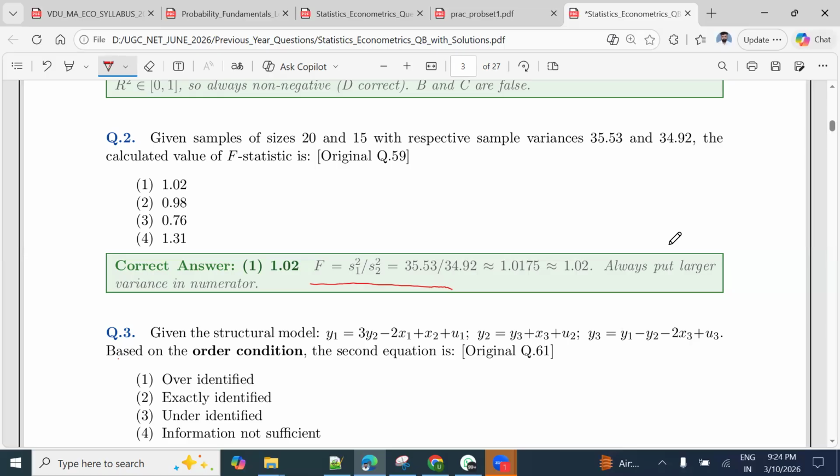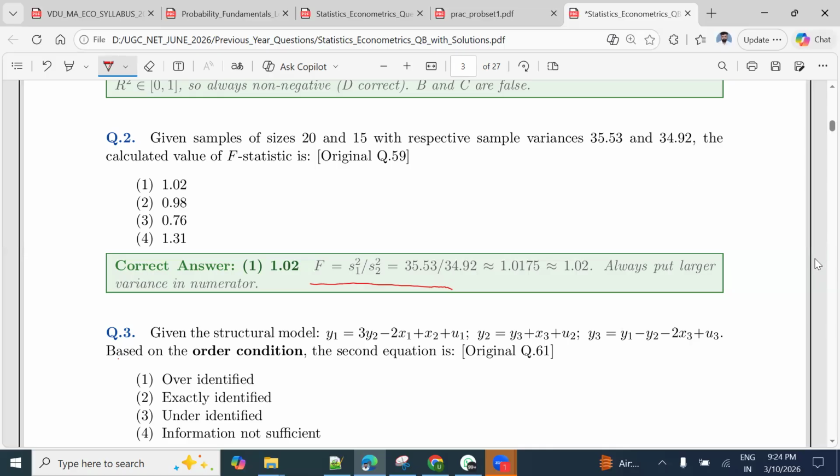No, that is for an F test we had studied, not the F distribution. Yes, but there is a relation between the F distribution and the F test. It's not that the F test is not coming from the F distribution.